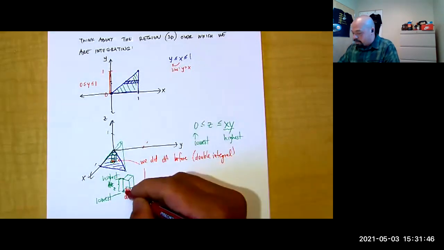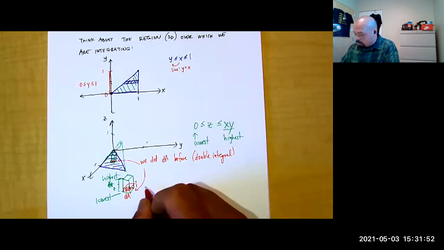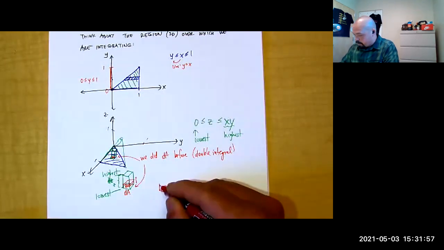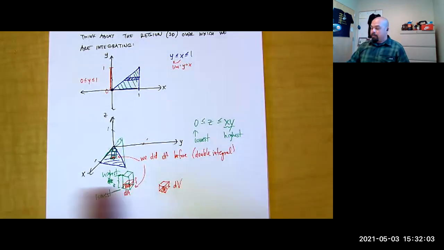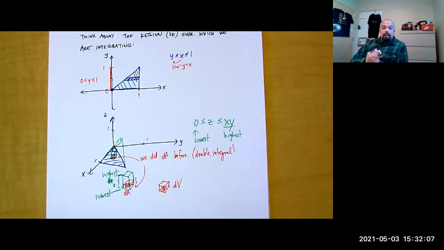So in the end, it's going to give us this little bit of volume that we're going to fill in, from the lowest z, 0, up, stacking those little blocks.